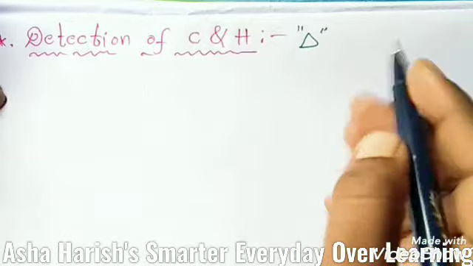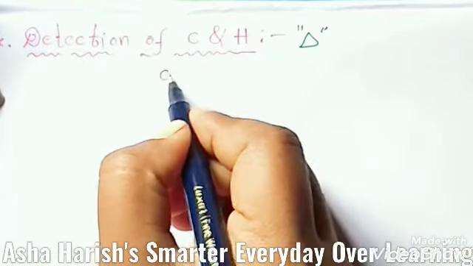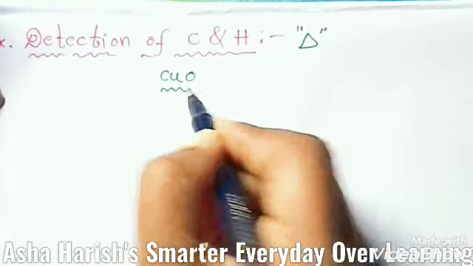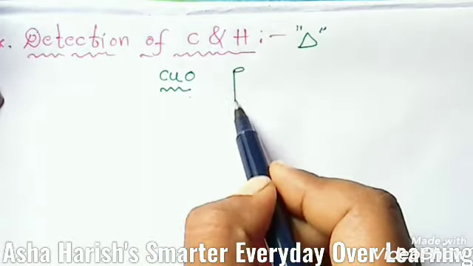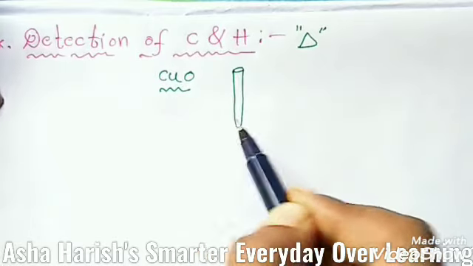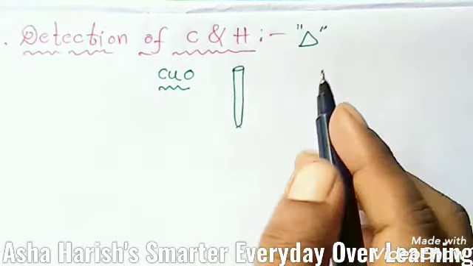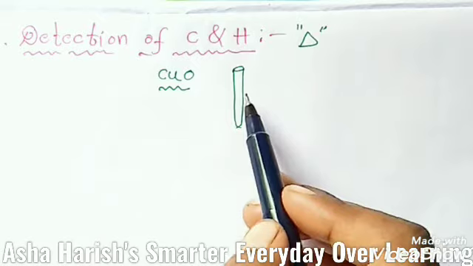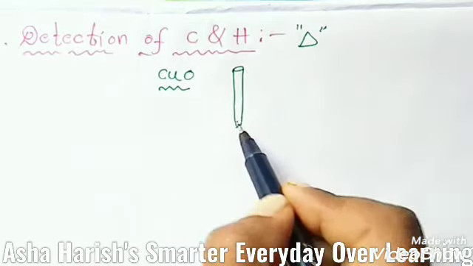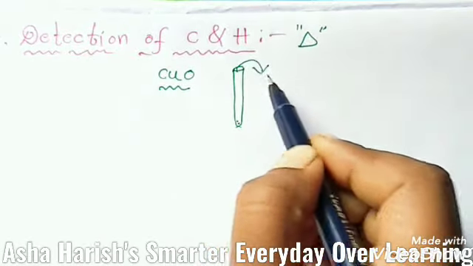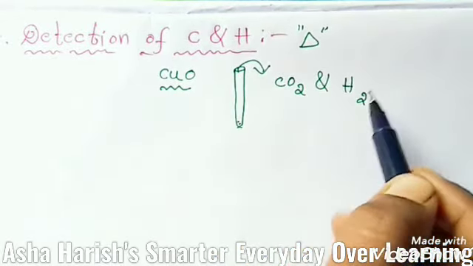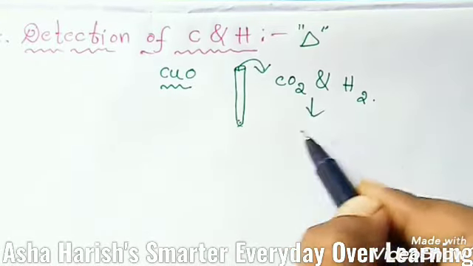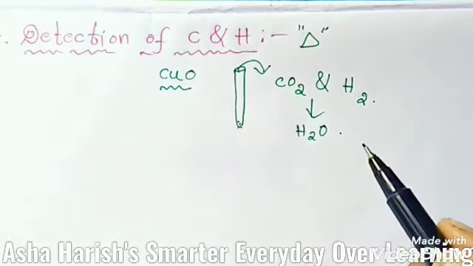Heating the given compound with dry cupric oxide, CuO, in a hard glass test tube, the carbon present is oxidized to carbon dioxide and hydrogen is oxidized to water, H2O.